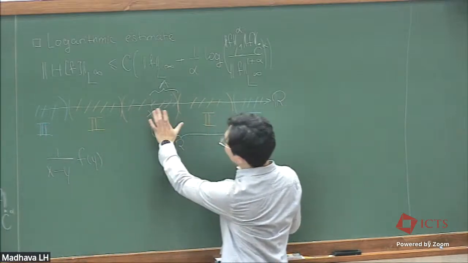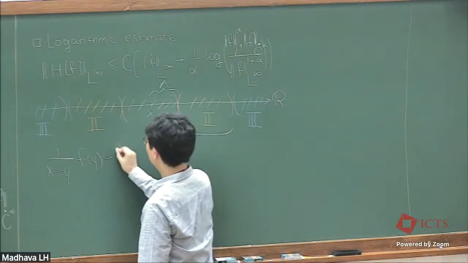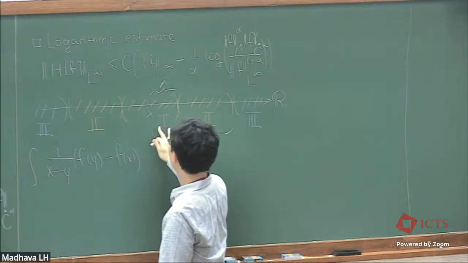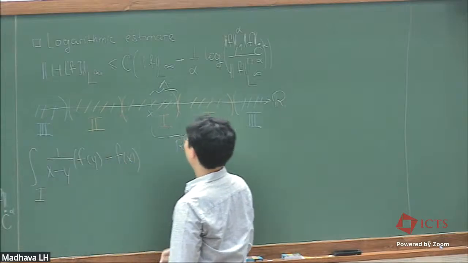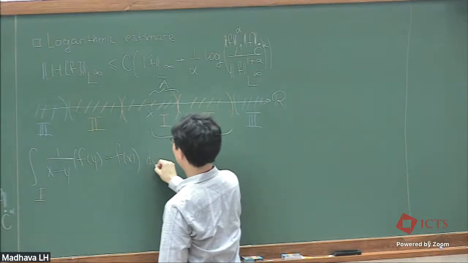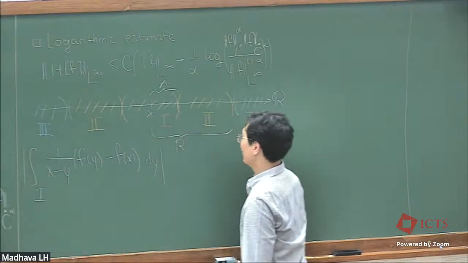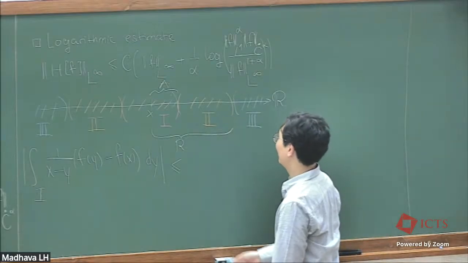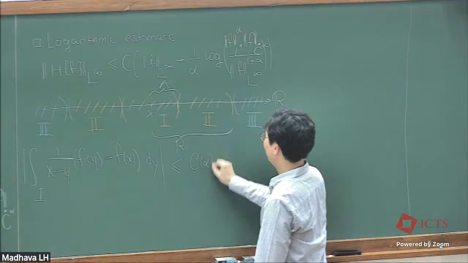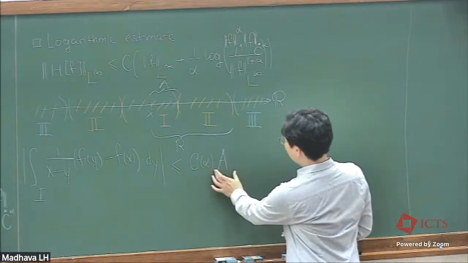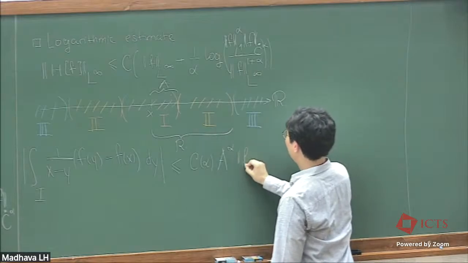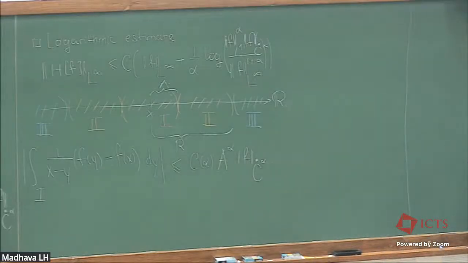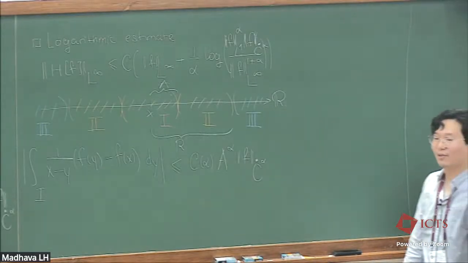In this region, we introduce f of x. It's okay to introduce this only in I because it's symmetric around x. And then you do the brute force bound, exactly the same one as before. What do you get? You get some constant depending on alpha, this distance to the power alpha, and the seminorm. This is exactly the same estimate as before.